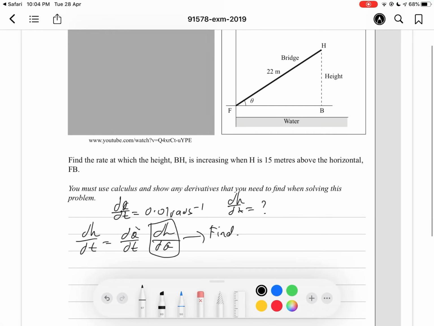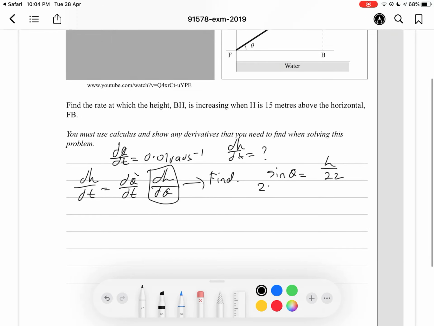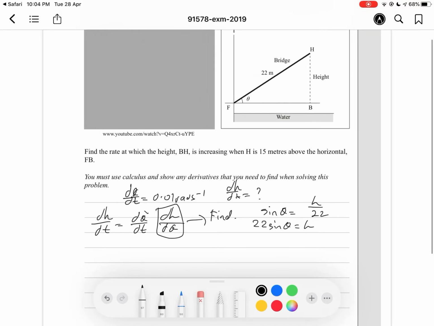So you want to find height in terms of the angle. In this case, we can say that sine theta equals h over 22, and therefore 22 sine theta equals h, because that's just trigonometry. As you can see here, the hypotenuse is here, opposite is here, adjacent is here, so opposite over hypotenuse is the sine rule.